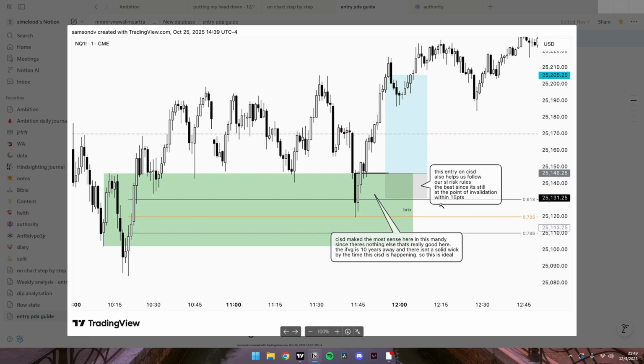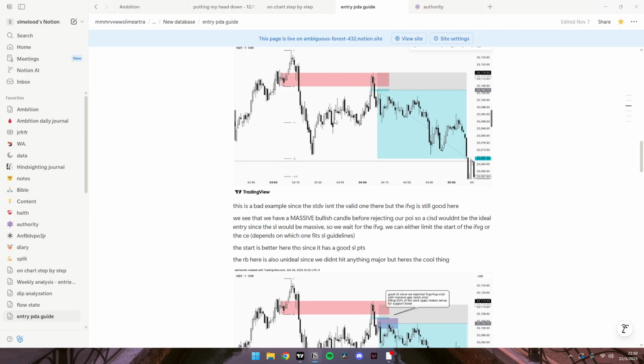If it's too much money, then you just lessen the contracts you're using, and that's why micros are goated. So for CISD you always just want to put it on the low, wick low or body low, whichever you think is better. Here, the body low is better because we already hit this wick CE, but there might be different circumstances. So yeah, CISD, very common, nice.